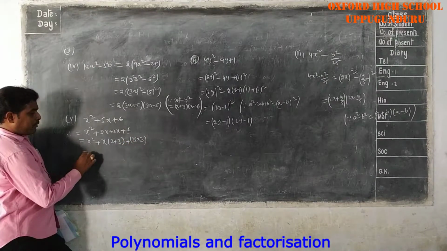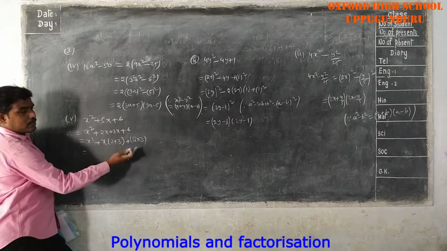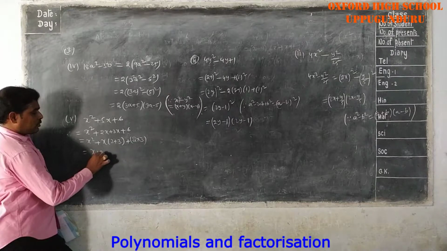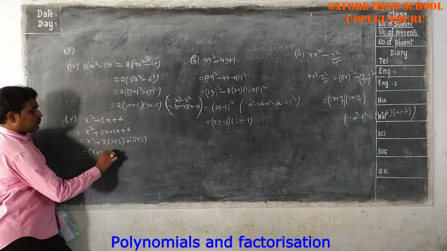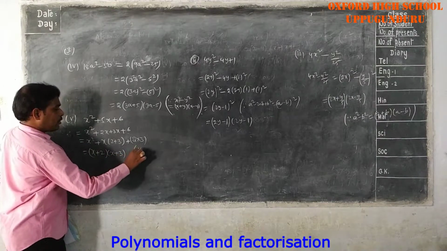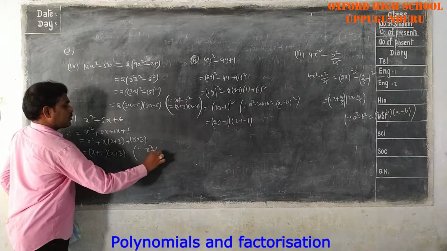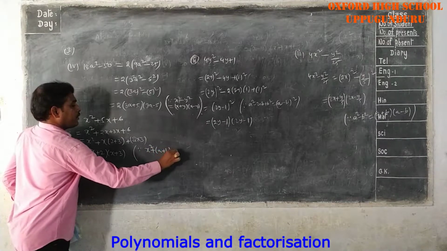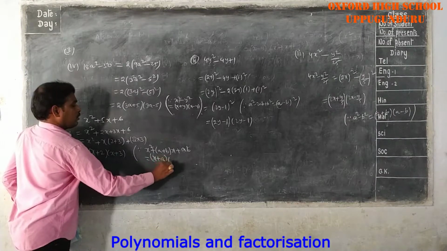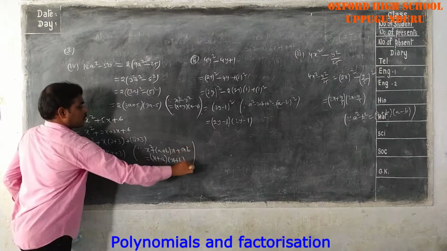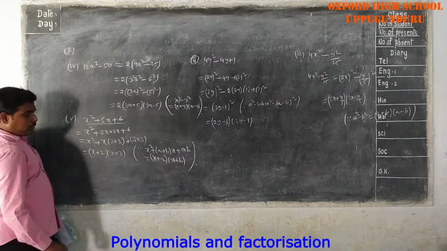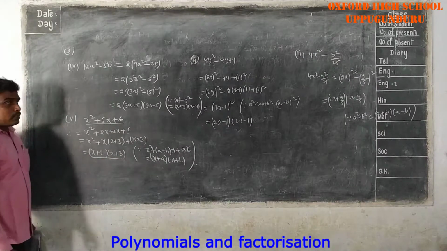Now this is in the form of x square plus a plus b of x plus ab. What can you write? x plus 2 of x plus 3, since x square plus a plus b of x plus ab equal to x plus a of x plus b. So using this identity, we are splitting this polynomial like this, x plus 2 of x plus 3.